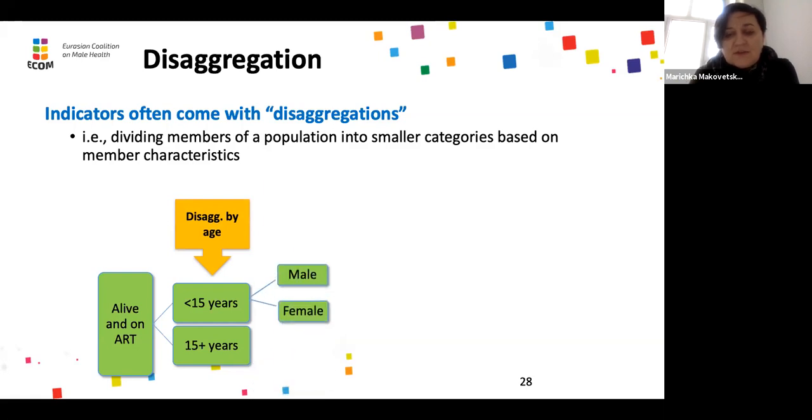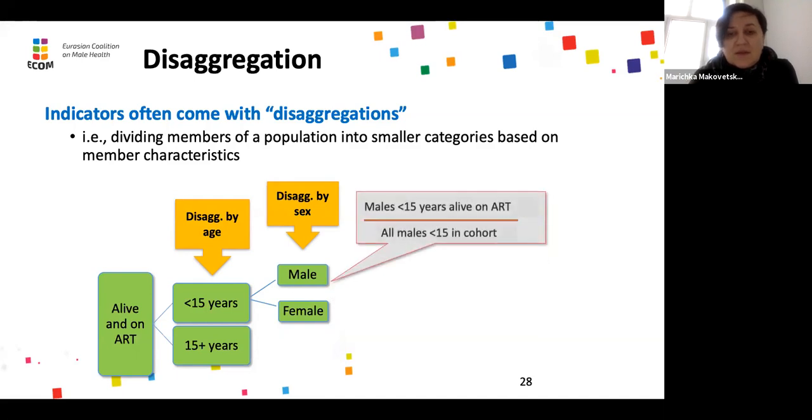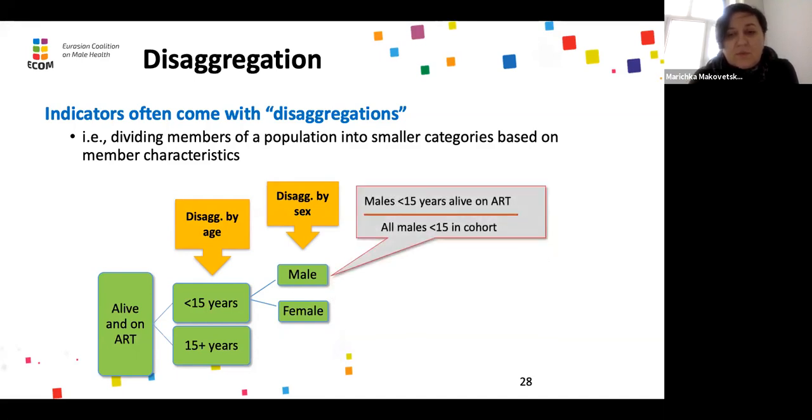Secondly, you may have disaggregation by sex. So out of these children less than 15 years, you have male and you have female. If you talk about male, you have males under 15 years alive on ART, and the denominator in this case will be all males under 15 in your cohort.